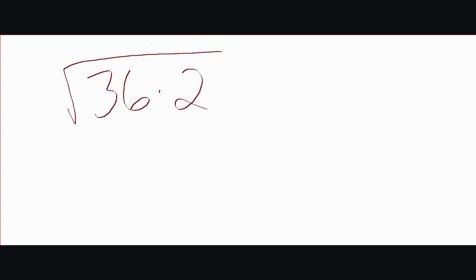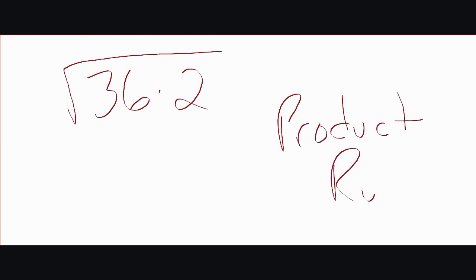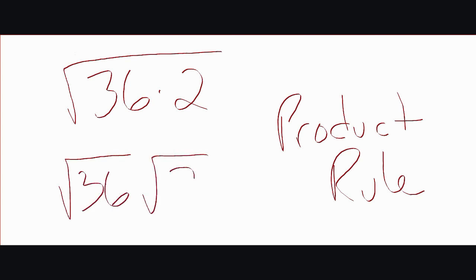Now, the cool thing about radicals is there's this thing called the product rule. And the product rule allows us to break radicals up if there's multiplication inside. So what this means is the square root of a product, meaning 36 times 2, is equal to the product of two square roots.